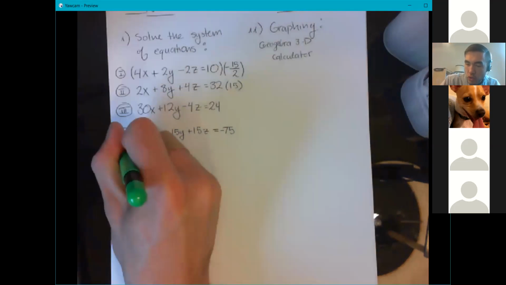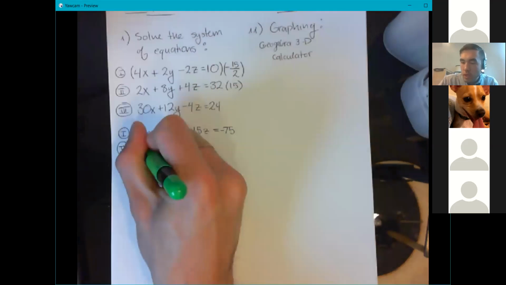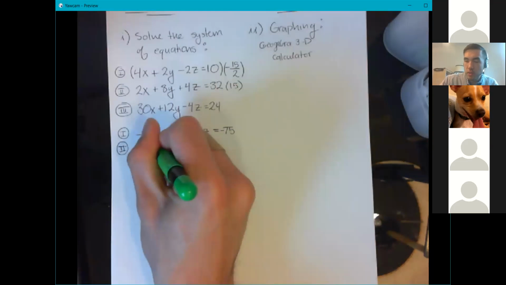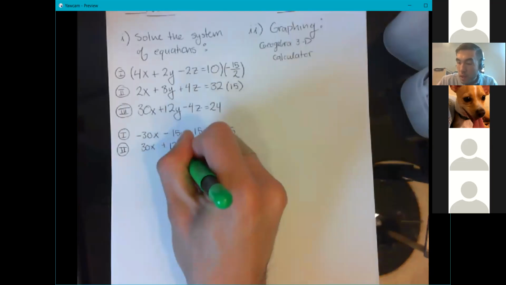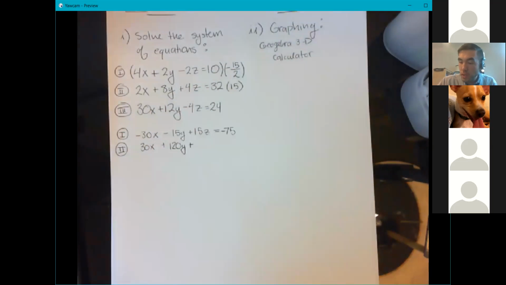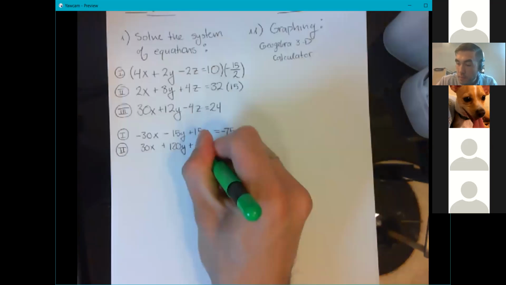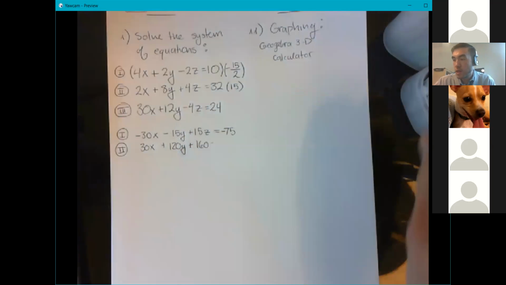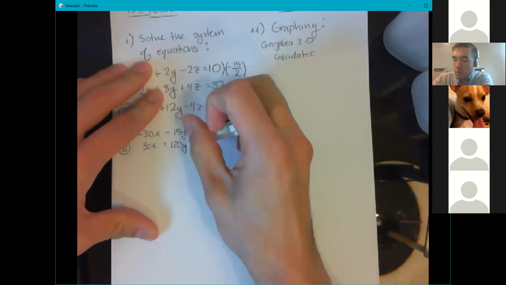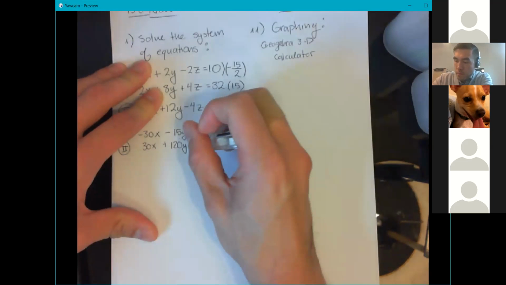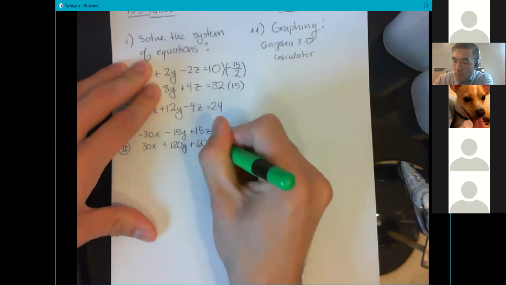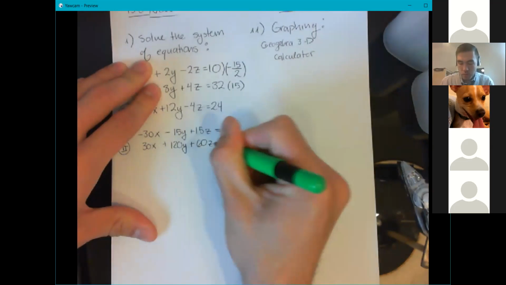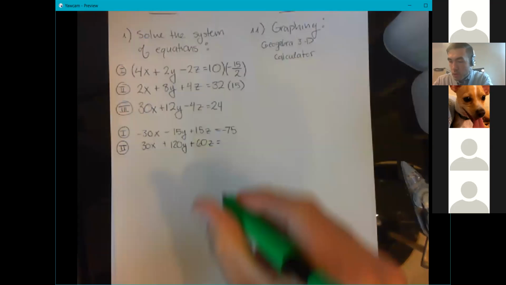And now we'll take equation 2, do the same thing. So this is going to give us 30x plus, and now we're into some big numbers, 8 times 15, plus 120y plus 4 times 15, which will be 60z, is equal to 480.